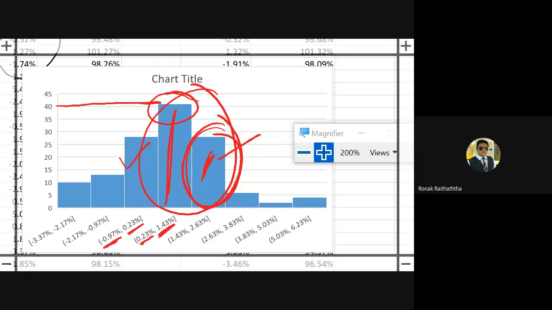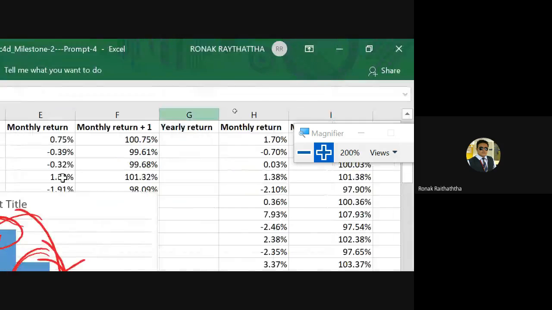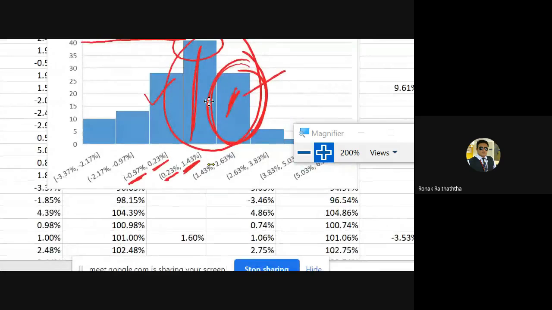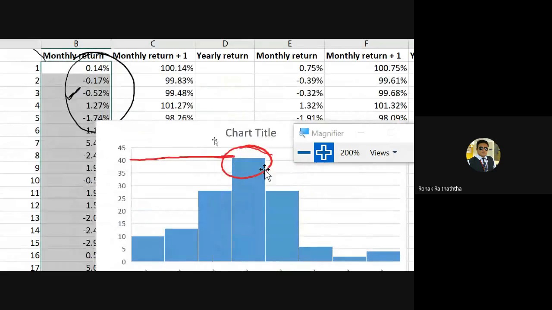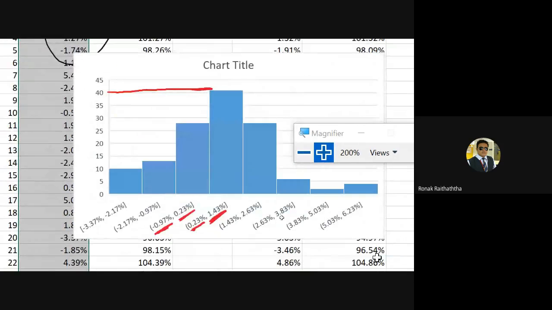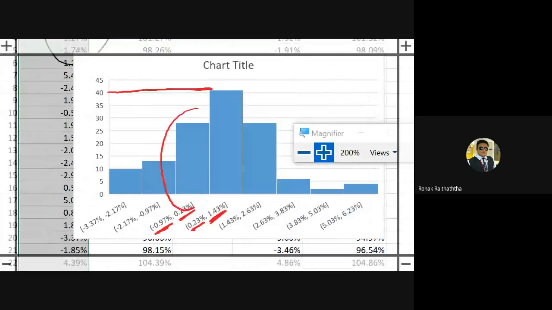So what you have observed here is that the majority of the entries are falling in these three ranges. If you see, the majority of the entries are falling in these three bars.